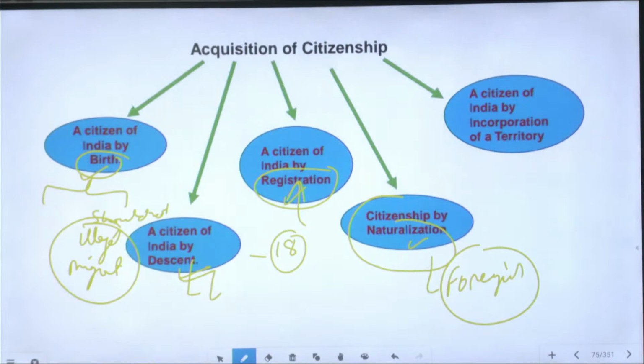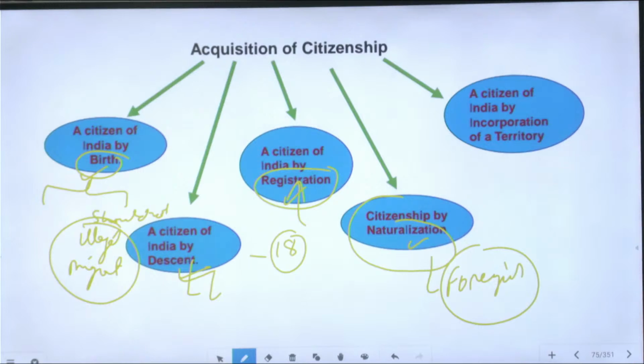Through naturalization. The naturalization process has been given for foreigners who have no link with Indian citizens. Through naturalization they have to register, and they have to live in India for 12 years before registration. Now they can become citizens of India. Is it clear? Yes or no?